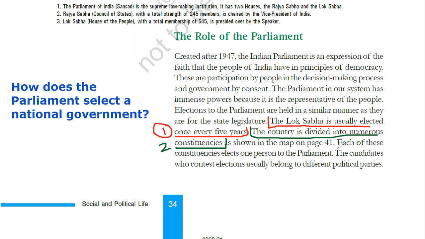Within this point number two, you can also write, each of these constituencies elects one person to the parliament. So the first point would be the Lok Sabha is usually elected once every 5 years. And the second point would be the country is divided into numerous constituencies. Each of these constituencies elects one person to the parliament.